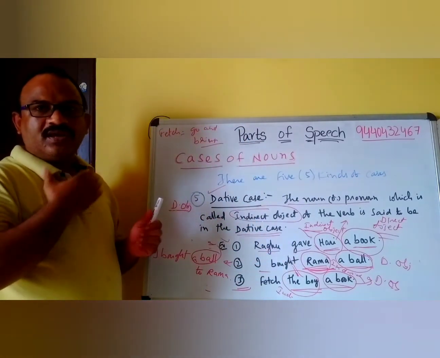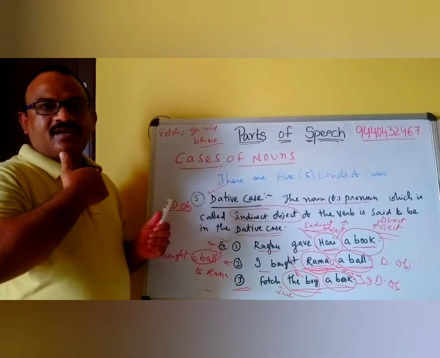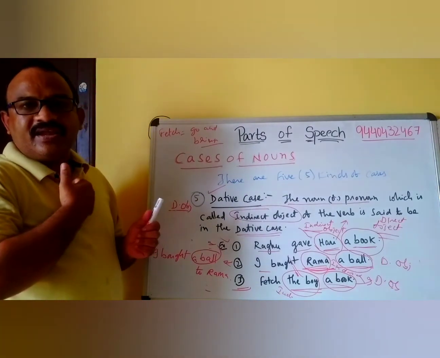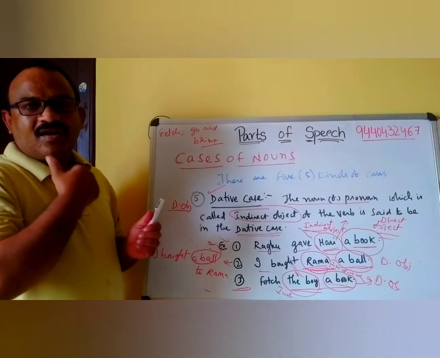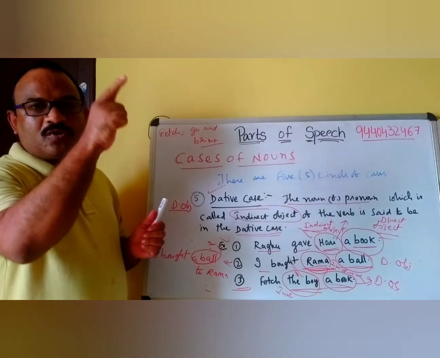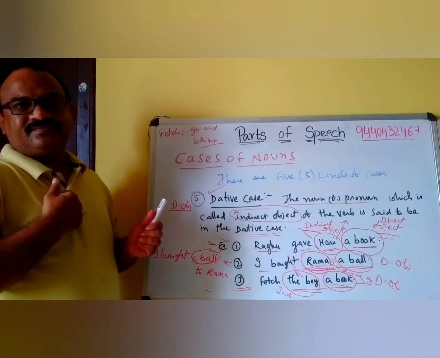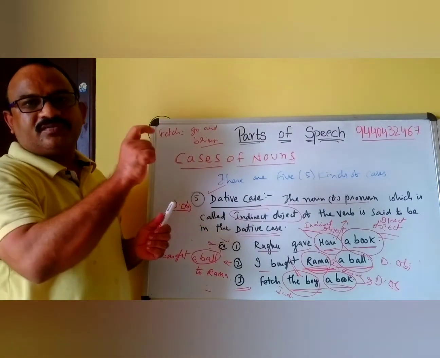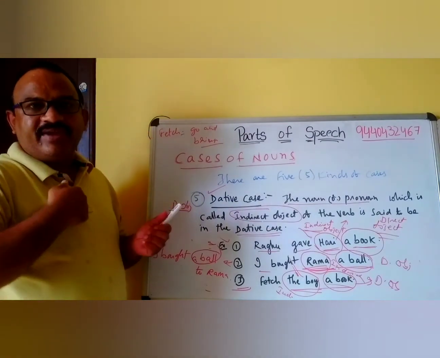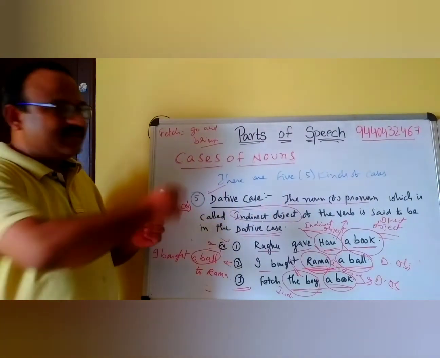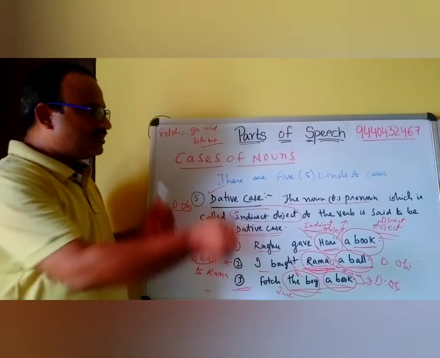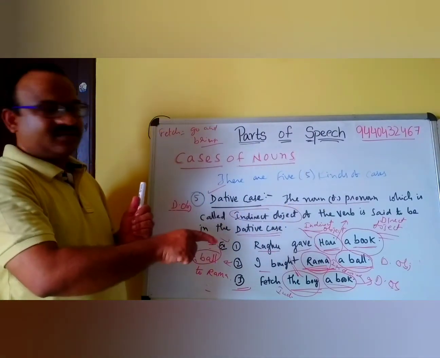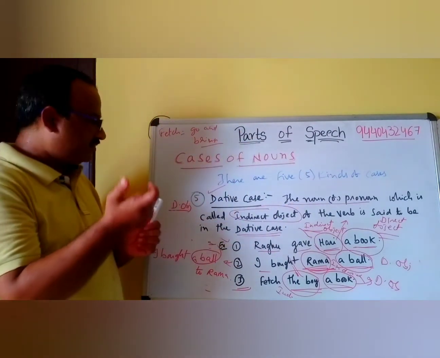Here a book is the direct object. Me is the indirect object. He gave me a book means he gave a book to me. Here me is in dative case. Why? Because the definition tells us the noun or pronoun which is called indirect object of the verb is said to be in the dative case.